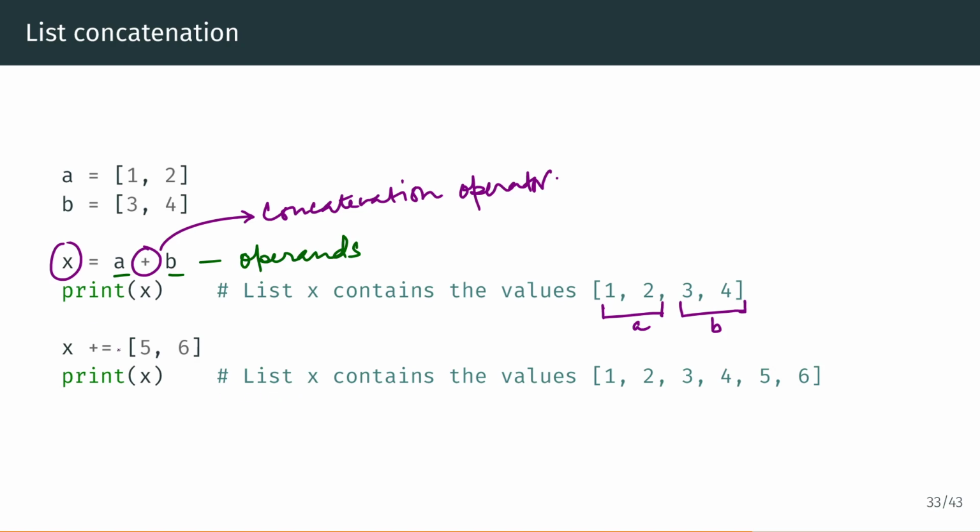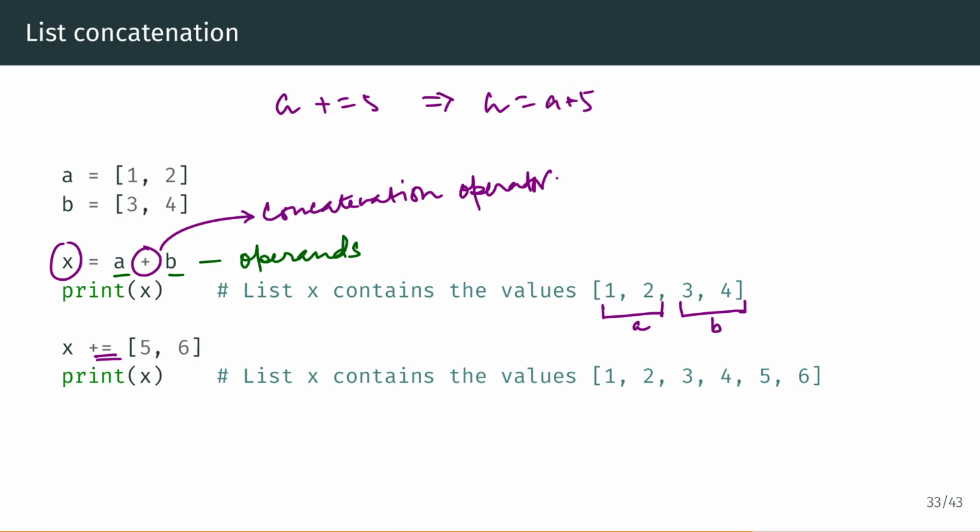Now, concatenation also follows the plus equals notation. You can also concatenate using plus equals. When you say a plus equals 5, this is equivalent to saying a equals a plus 5.